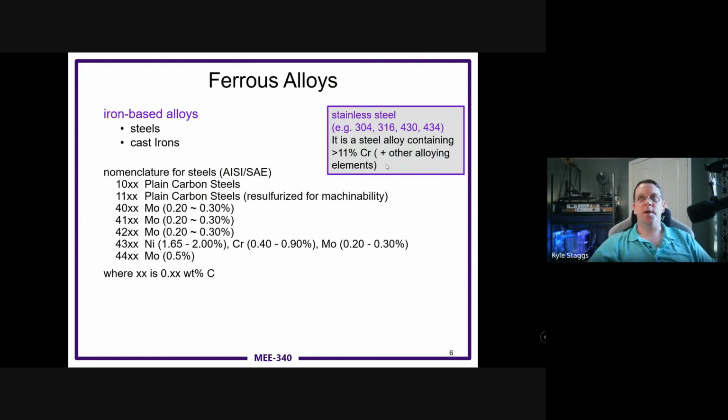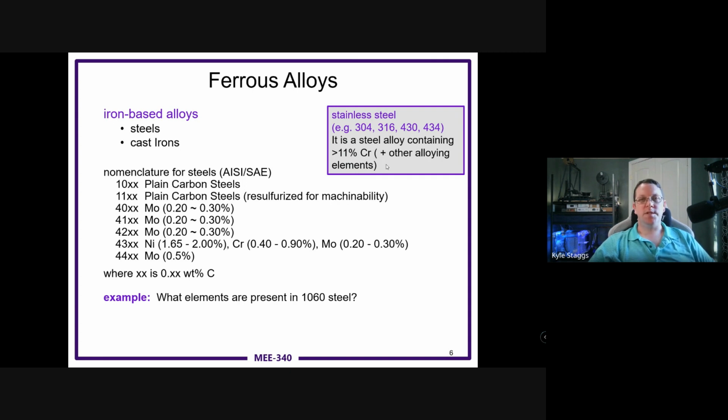So higher weight percent, like a 434 stainless tends to be fairly expensive. A lot of stainless jewelry will tend to be like 304, where it's just barely a stainless steel. It's very easy to scratch, right? A lot of stainless steel sinks and appliances are going to be that lower grade. So those are important things.